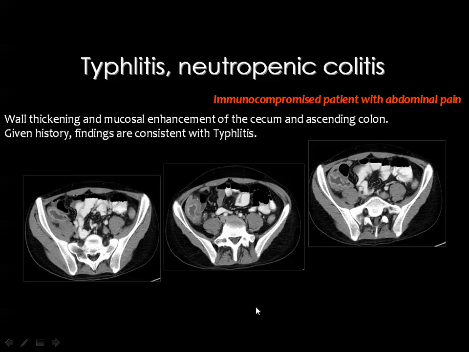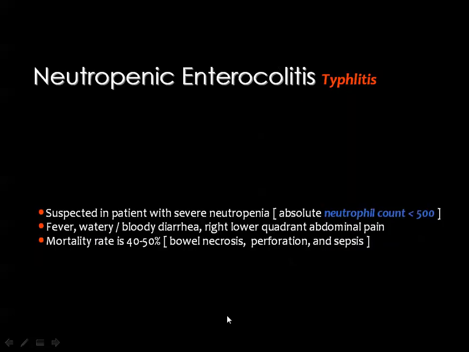If you know from the clinical data that this patient is immunosuppressed or immunocompromised, and the leukocyte count is very low, like this, the absolute neutrophil count may be less than 500.